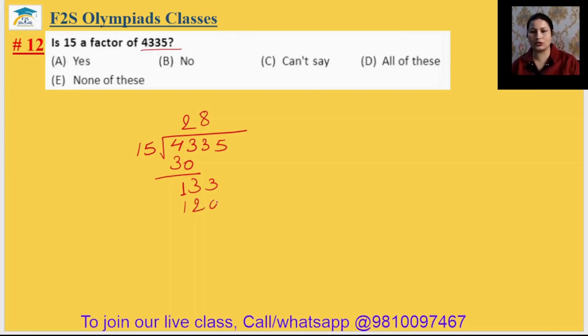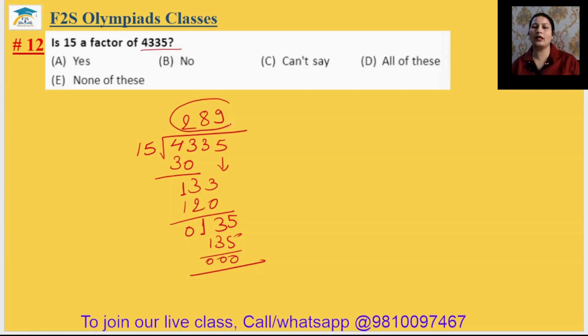So 1, 2, 0, 3, 1, 0. Now 5 will drop down. 15 nines are 2, 8, 9 and we found the remainder as 0. So yes, it is divisible by 15, which means 15 is a factor of this number. Option A. The 12th answer is option A.